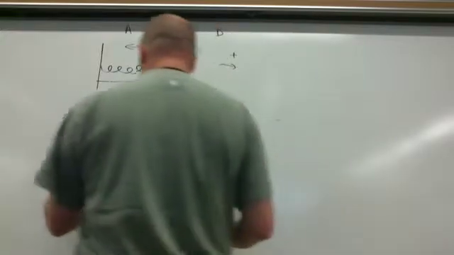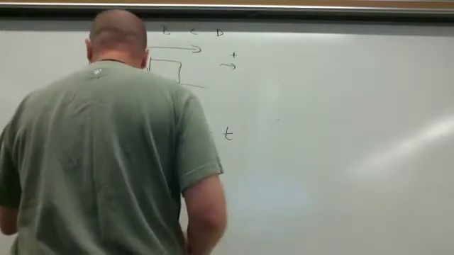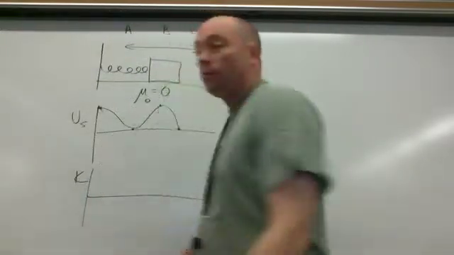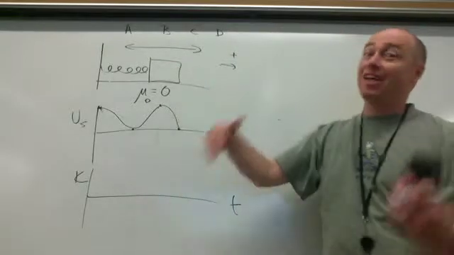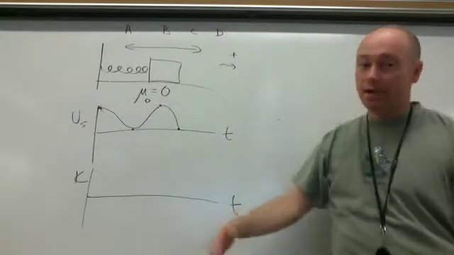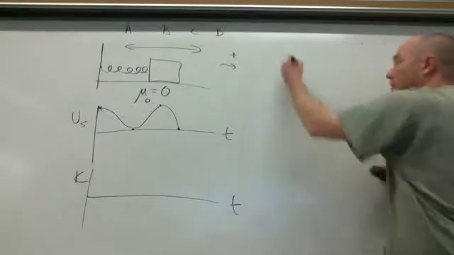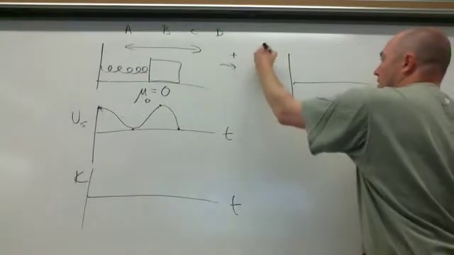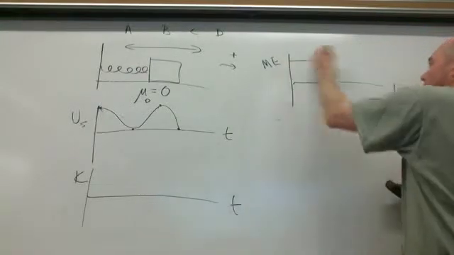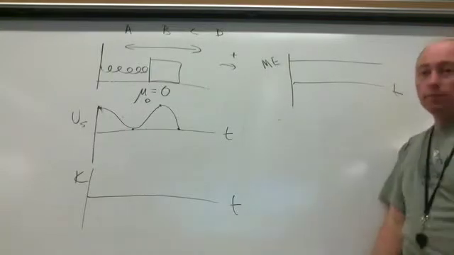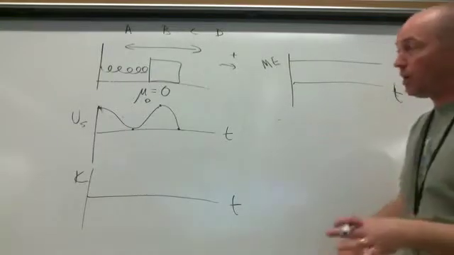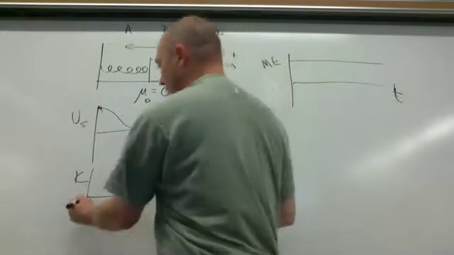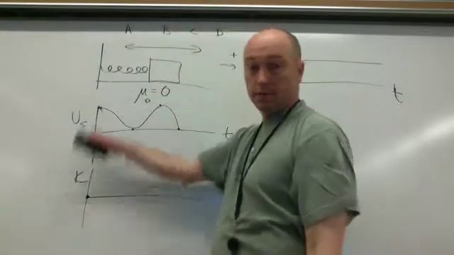Versus if I was graphing kinetic versus time, well, I know kinetic plus potential has to be constant, because if I was going to make a graph of mechanical energy versus time, it would be constant the whole time. So at A, I'm at 0, right? Okay.